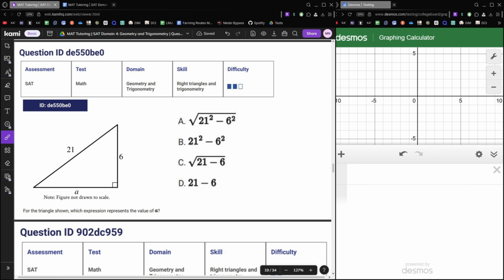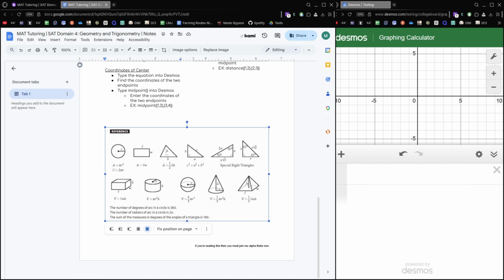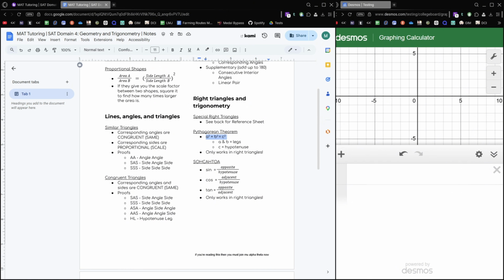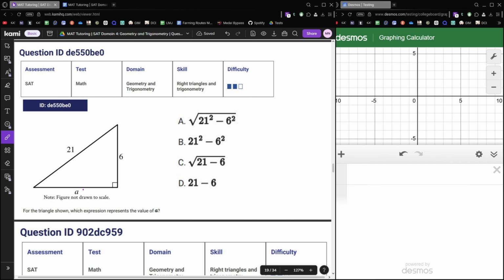So line number 19, here they give us a right triangle with two side lengths and they want us to find the missing one. This time we will be using that Pythagorean theorem. If we look at our notes, the Pythagorean theorem is just a squared plus b squared is equal to c squared, where a and b are the legs and c is the hypotenuse. Here we would have a as a leg, so that's just a squared, and then 6 is another leg, so that would be our b, or 6 squared, and that would be equal to our hypotenuse, which is c squared.